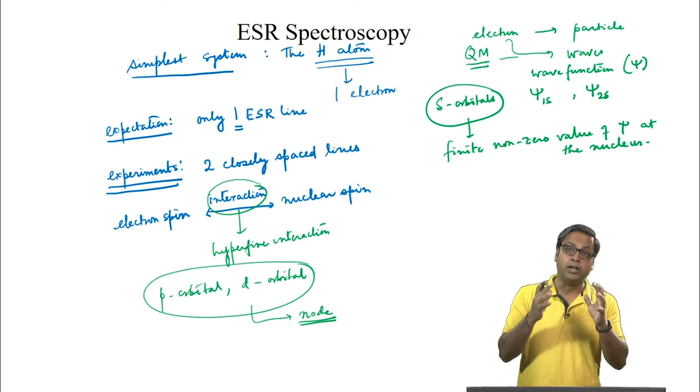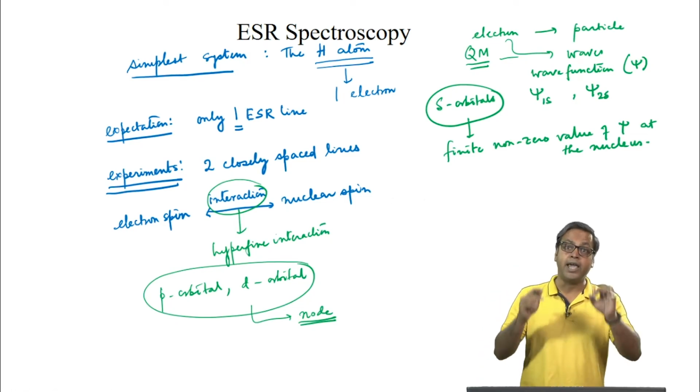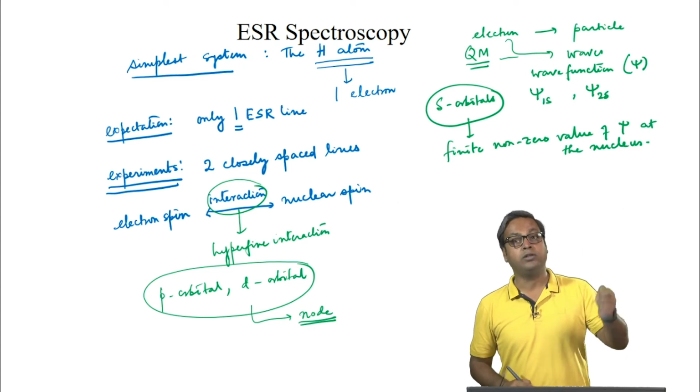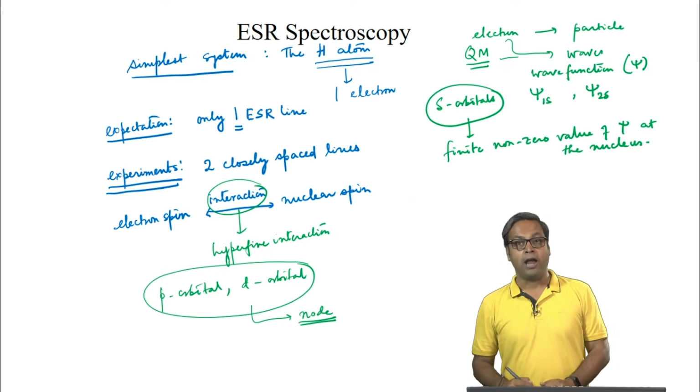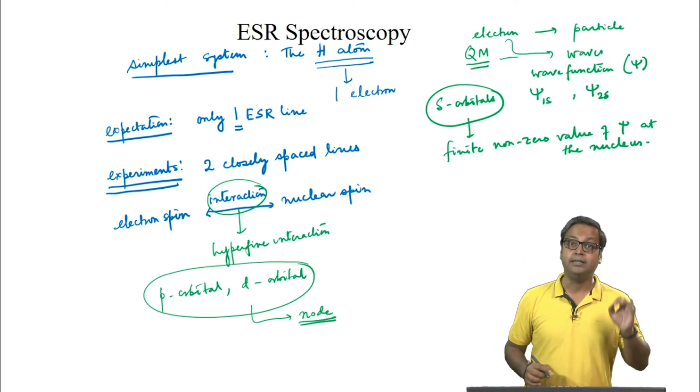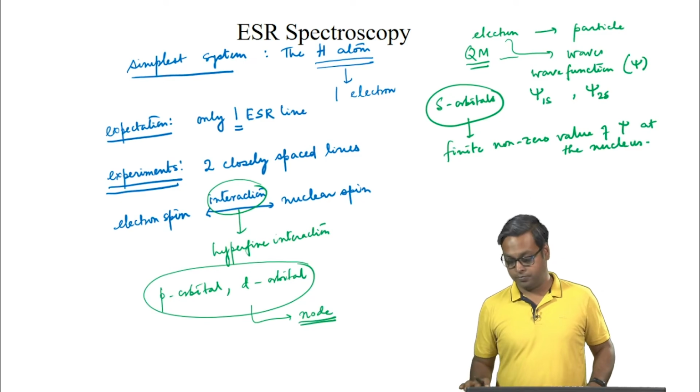Thus if the free electron is in an s orbital, it can actually interact with the nucleus, and for other orbitals like d or p orbitals, this interaction will not be possible.